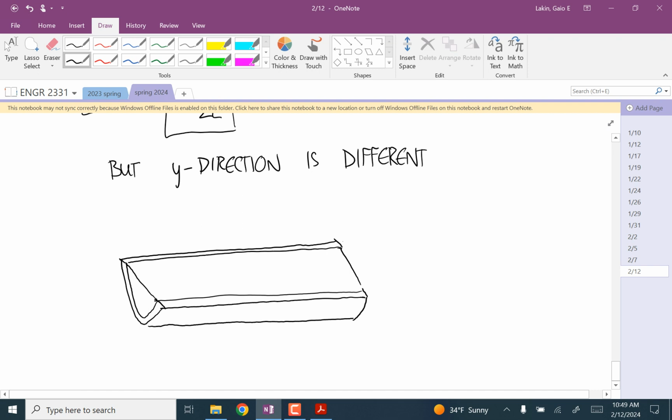Okay, it's like a peanut butter filled celery.